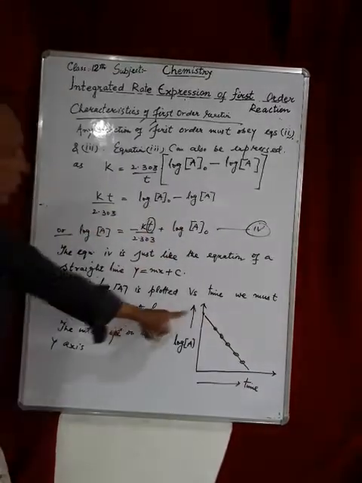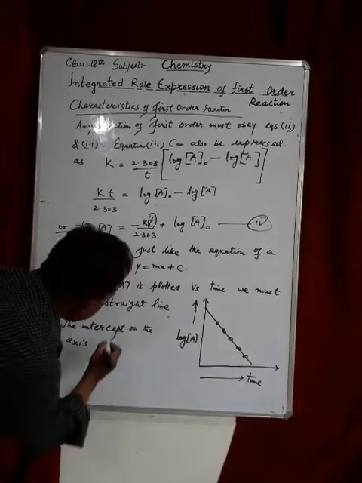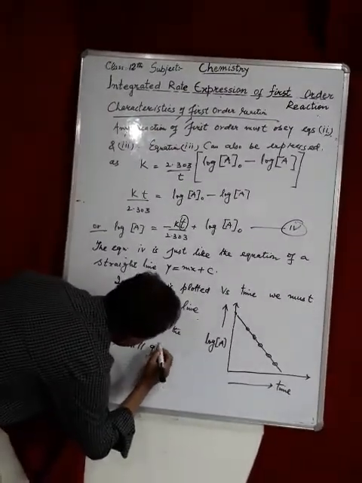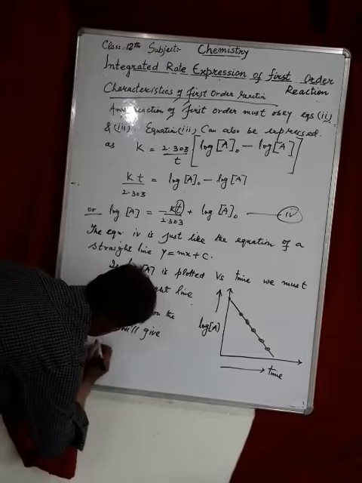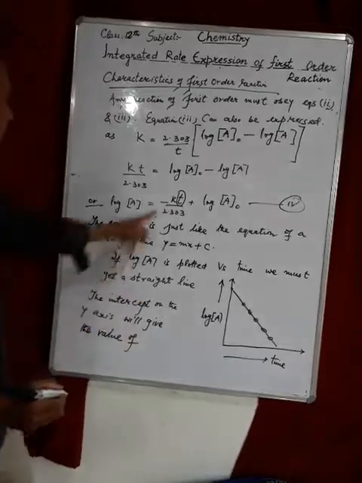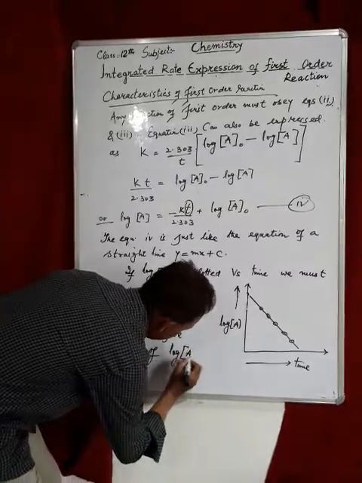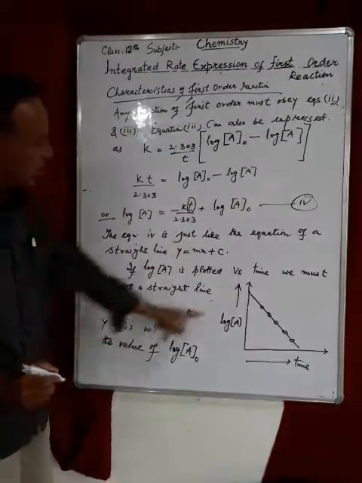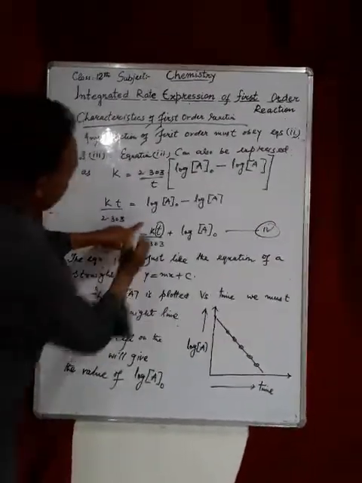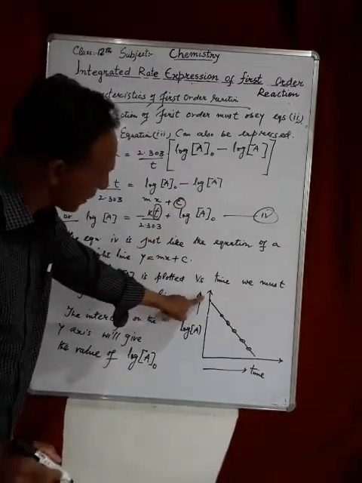This point will give us the value of log of a naught. When we determine the slope, mx plus c, the value of c we get is the intercept on the y-axis.